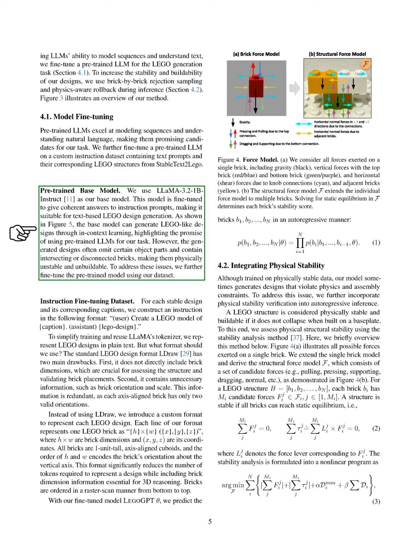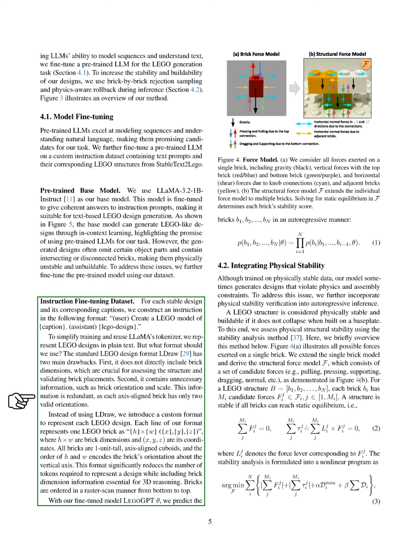While this model can produce LEGO-like designs through in-context learning, we notice that the designs often miss certain parts or have bricks that intersect or are disconnected, leading to instability. To tackle these issues, we further fine-tune the model with our dataset.